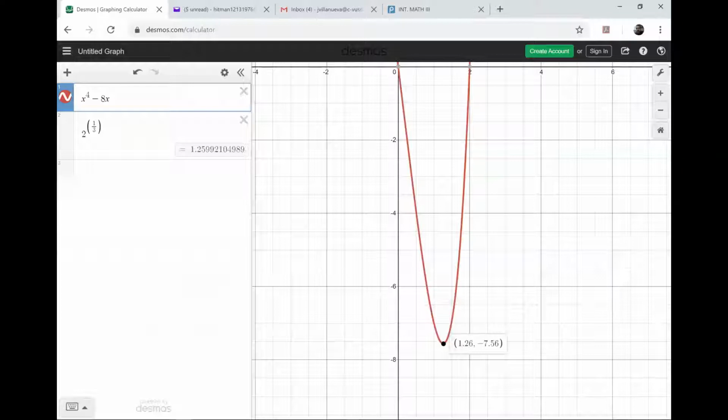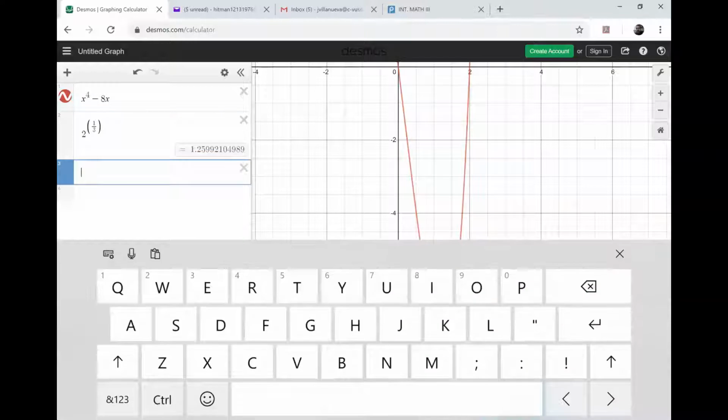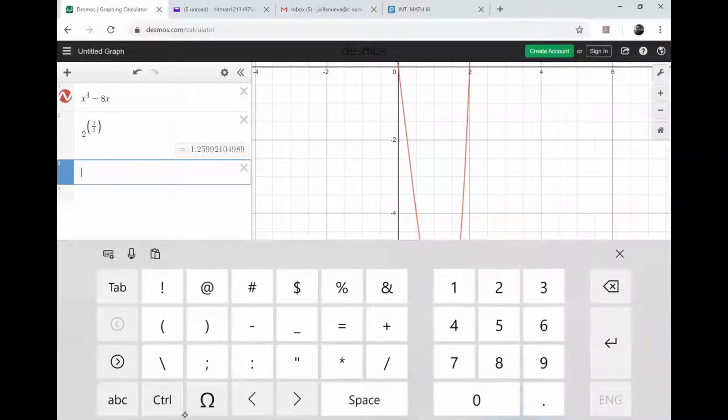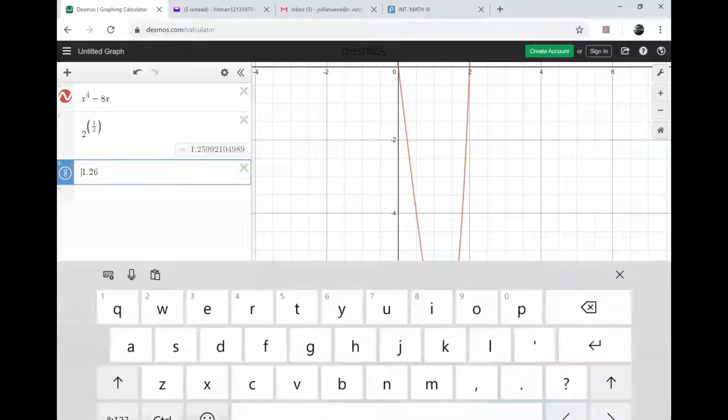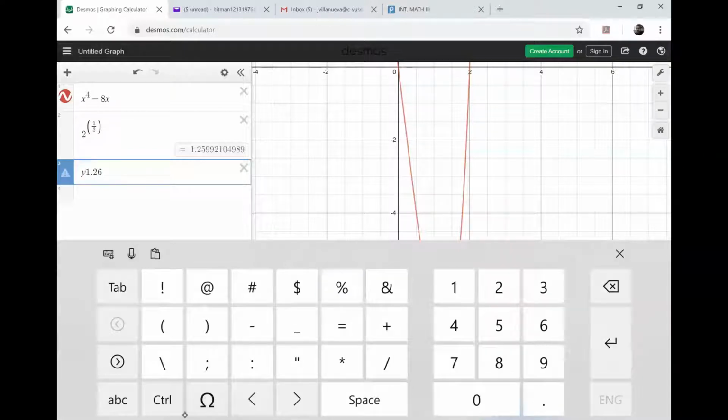So there it is. And if you look, the line at 1.26 is going to be just a normal straight line. I think I've got to put y equals maybe.